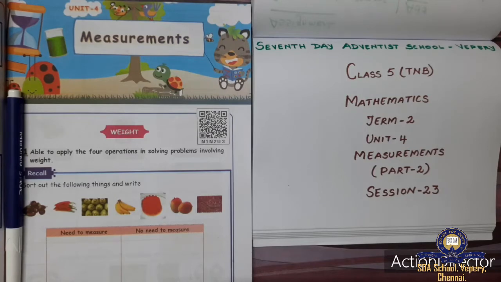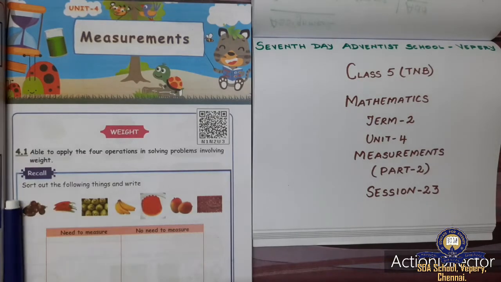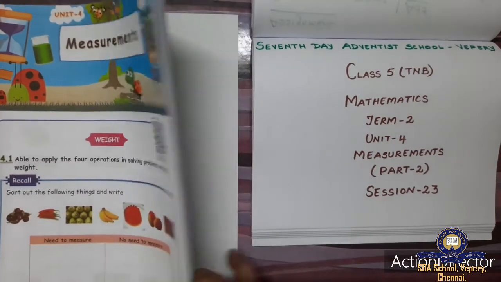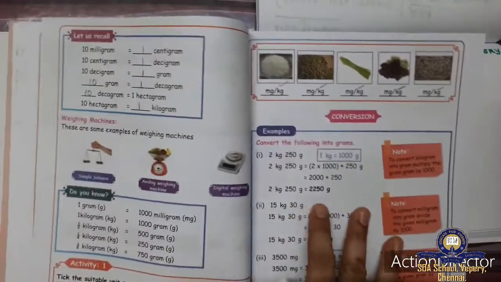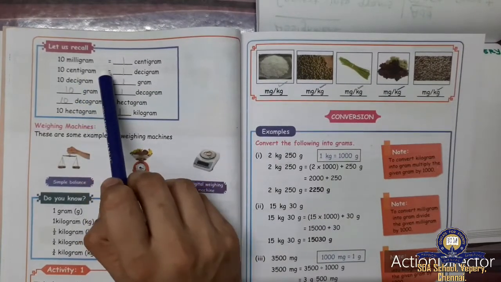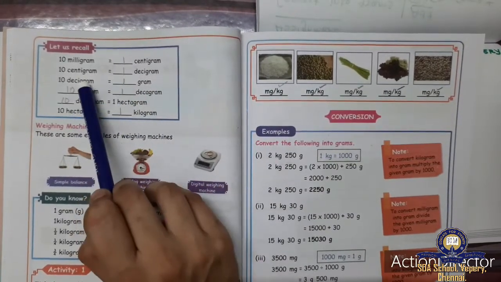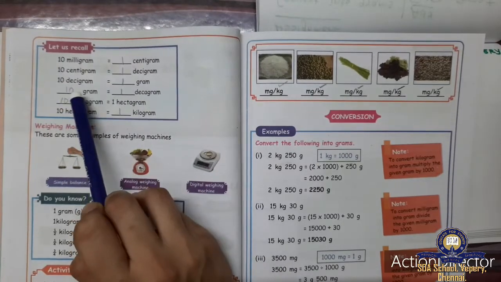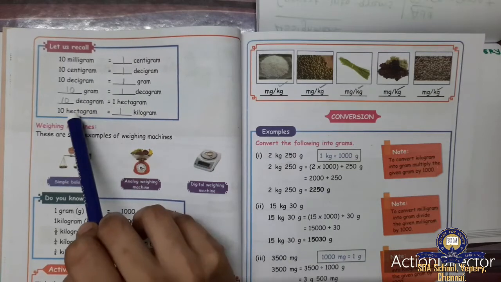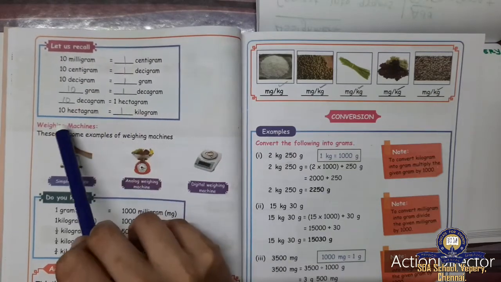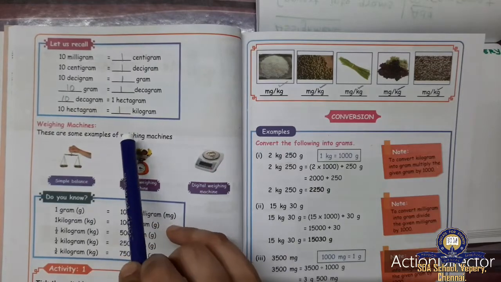Okay, children. Last class we started with Unit 4, measurements. So we shall recall what we studied. We studied the conversions. 10 millimeter equal to 1 centimeter, 10 centimeter equal to 1 decimeter, 10 decimeter equal to 1 gram, 10 gram is equal to 1 decagram, 10 decagram is equal to 1 hectogram, and 10 hectogram is equal to 1 kilogram.